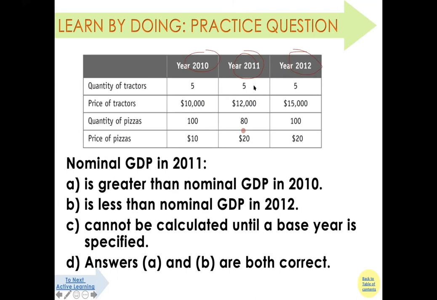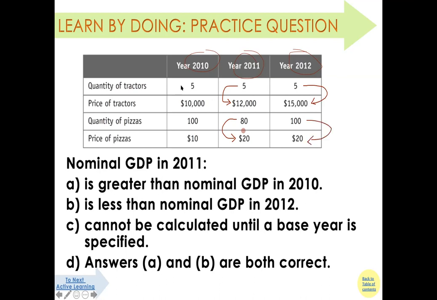So how we calculate nominal GDP? Just follow the explanation we had in the previous slide. So for example, 2011, the nominal GDP is 5 times price here, 80 times price here. All right. So now if we look at 2012, quantity times price here, 100 times price here.